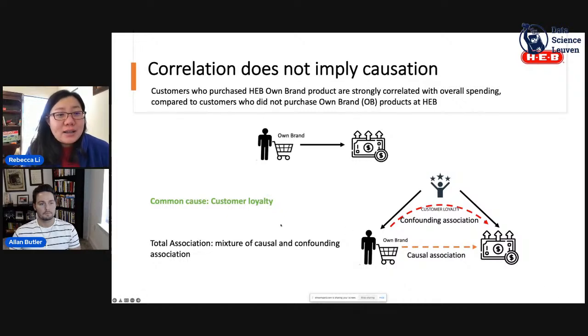The reason is that there is a common cause called customer loyalty that can impact both own-brand product purchase preference and overall spending. Specifically, a loyal customer will tend to both purchase own-brand products and spend more. So in fact, the total association between the own-brand product and the overall spending is a combination of causal association and confounding association. Causal inference will separate the causal association from the total association, which is the object we are interested in.